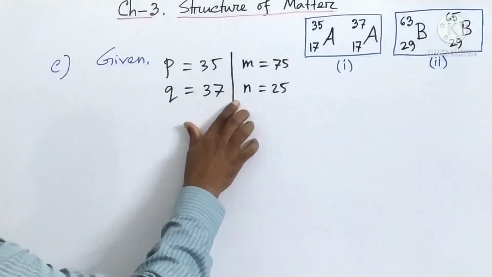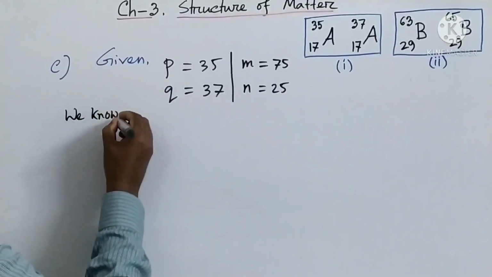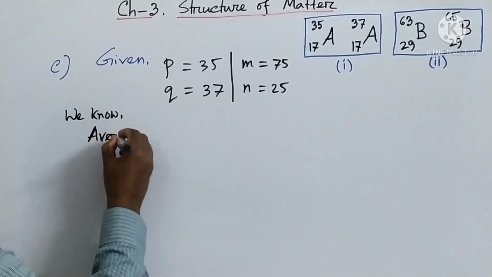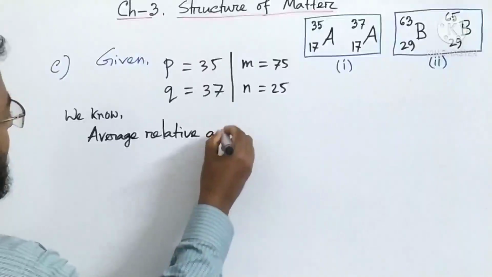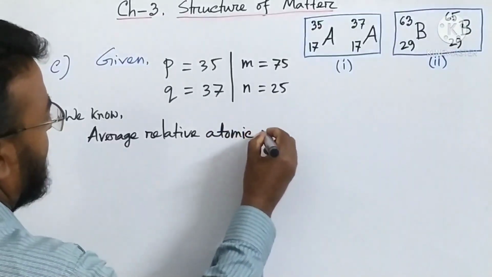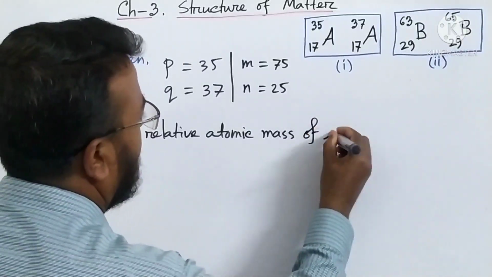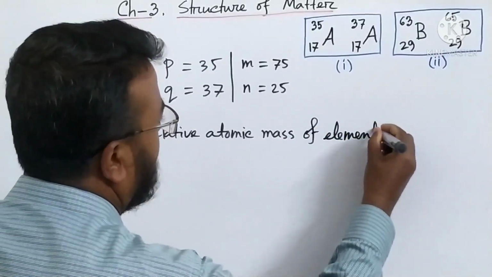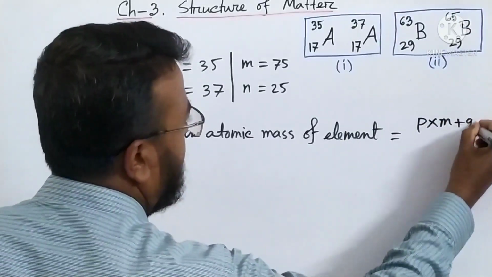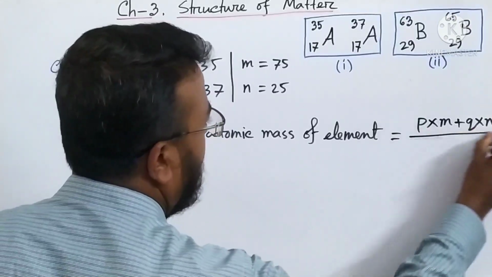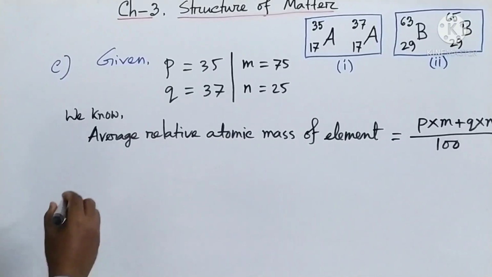Okay, now we know average relative atomic mass of element equal P into M plus Q into N divided by 100. This is the formula.